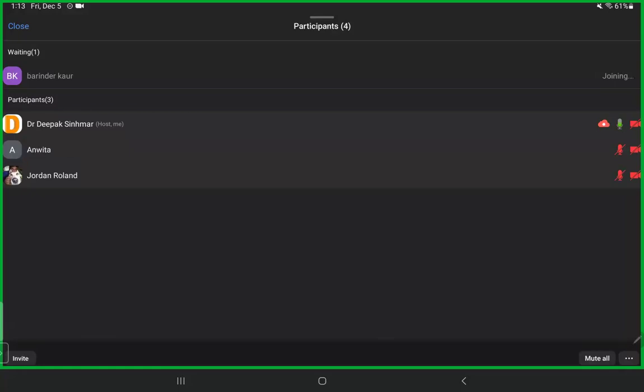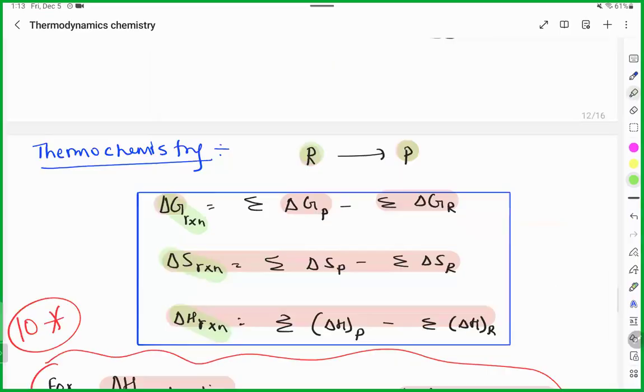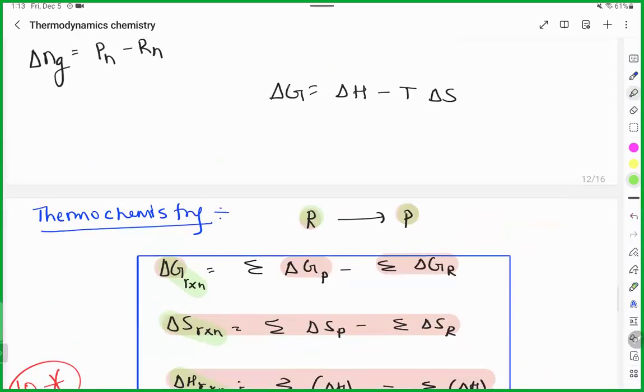The formula is delta G is equal to delta H minus T delta S. Or delta G is equal to delta G naught plus RT natural log Qc, reaction quotient. Or at equilibrium, delta G naught is equal to minus RT natural log Kc, the equilibrium constant.